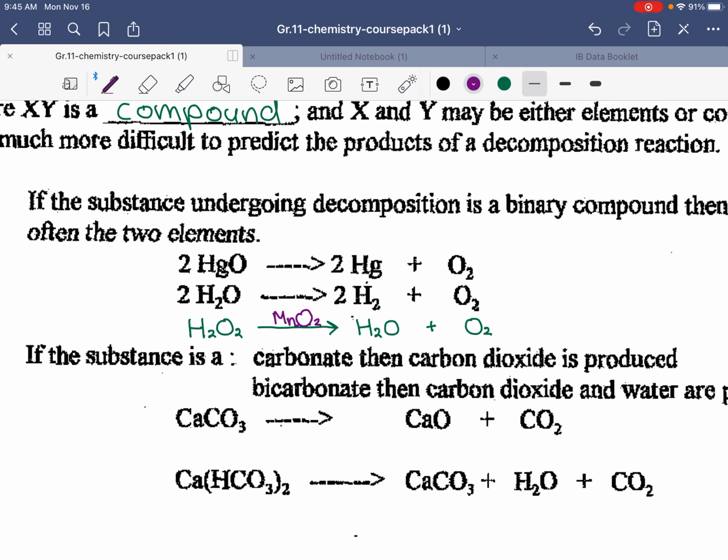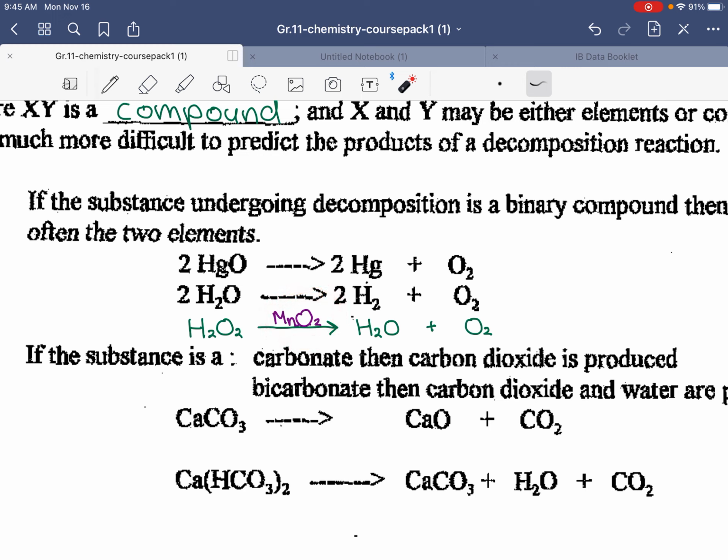Okay? Now, one more thing about a catalyst. A catalyst is not part of the reaction. Well, at least not part of the reactants and products. It's not really consumed by the reaction as well. So what that means is that when a catalyst is done finishing its job, it still remains as a catalyst.